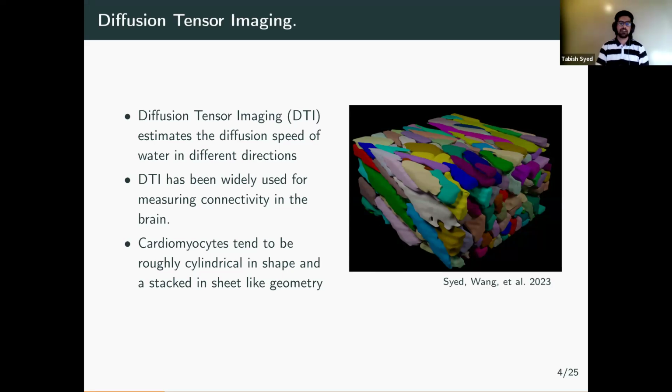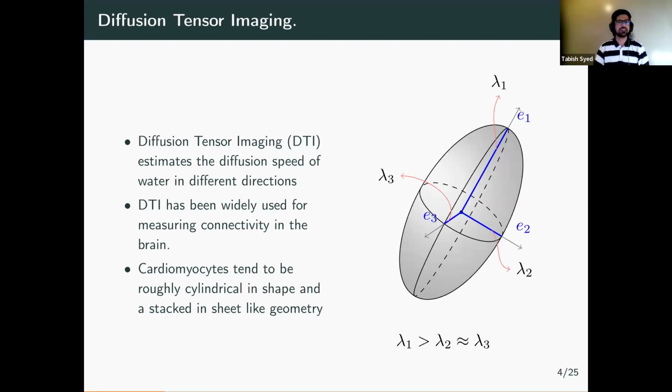Typically, because the cardiomyocytes are cylindrical, you would expect the diffusion tensor to be ellipsoidal. So you have more diffusion along one direction and a similar level of diffusion in the other two directions. You can use this information to estimate the orientation of cells at different regions.